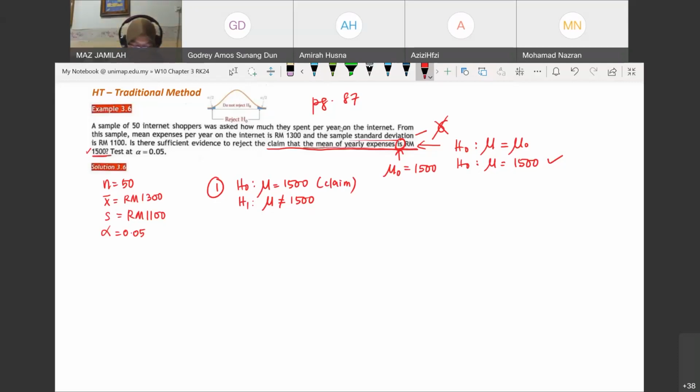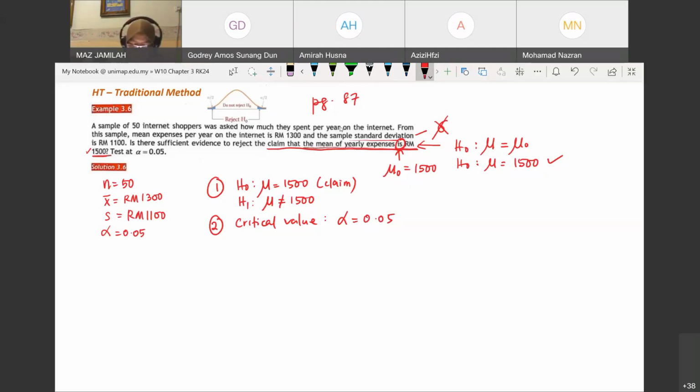Otherwise, I'll just continue. The second step is to find the critical value. What is the critical value coming from? How do we get it? It depends on the alpha given in your question.